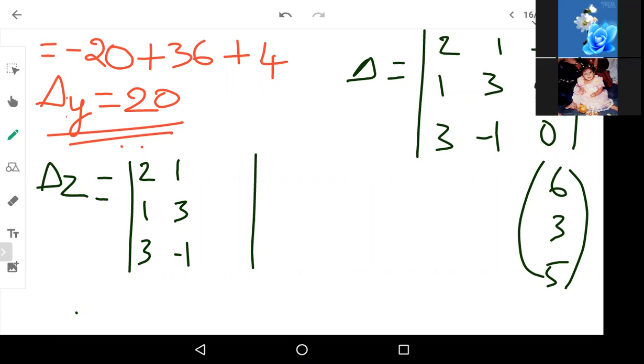Then instead of writing this, I am going to write the constants, that is 6, 3 and 5. Okay. So this is the determinant of delta z. Did you understand the determinant?